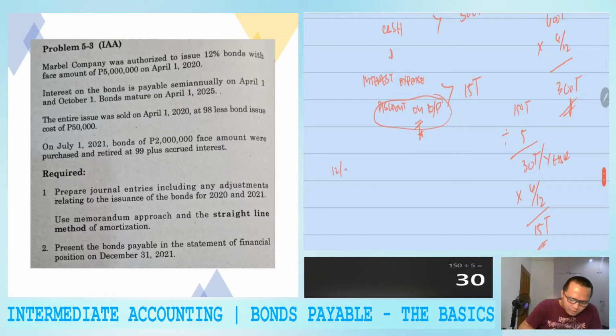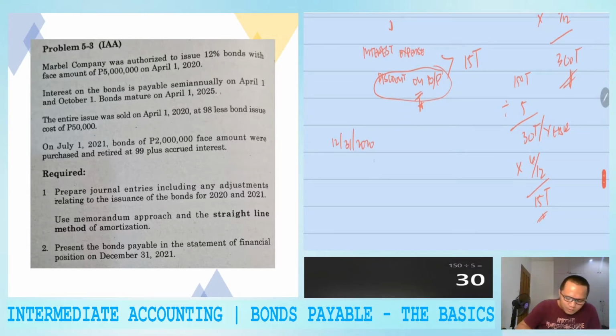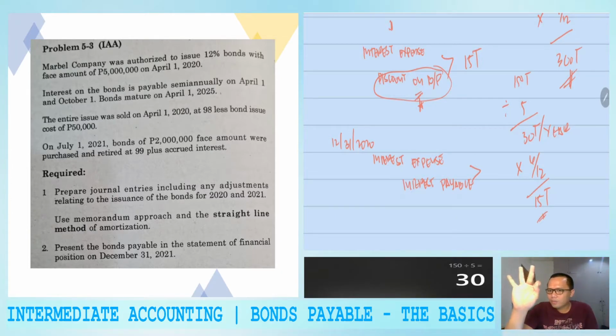Then next, on 12/31/2020, again, adjustment: debit interest expense, credit interest payable. Right? Now, that is for 3 months, October, November, December.